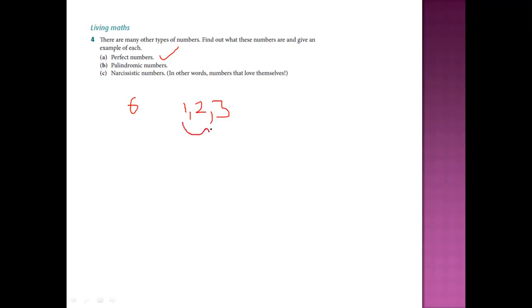And the sum of these divisors of 6, excluding itself, is also equal to 6. That's why 6 is a perfect number. If you add all its divisors except itself, 1 plus 2 plus 3 is exactly 6.